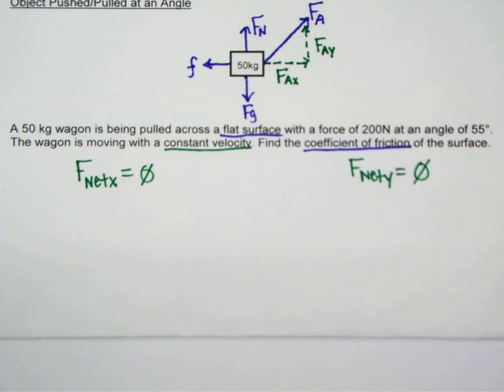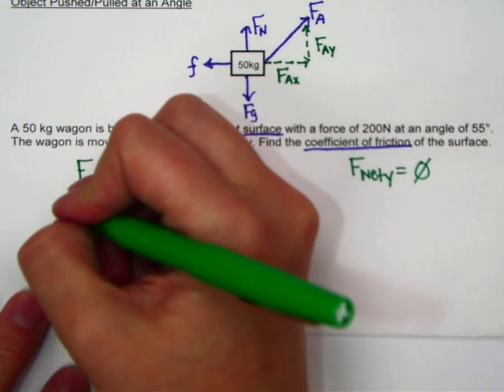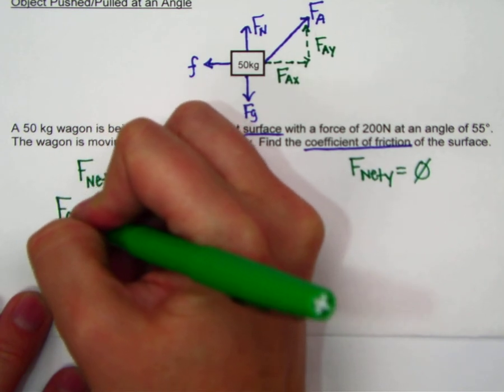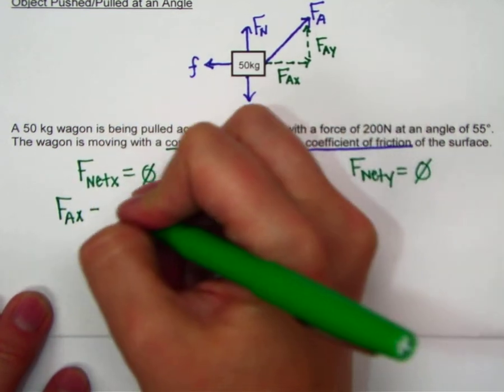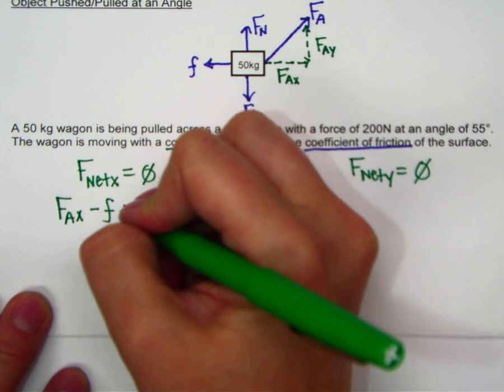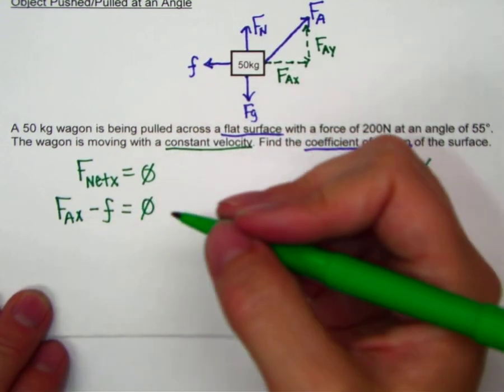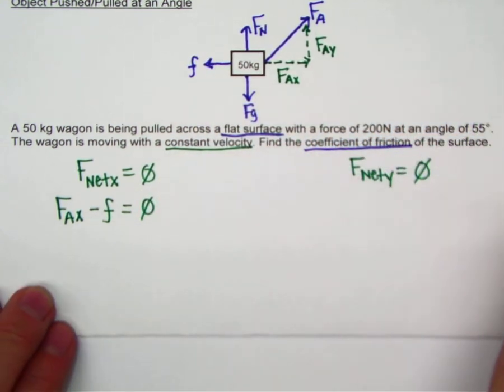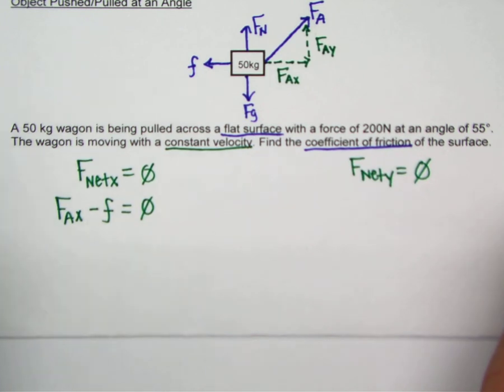Do not put anything that is up and down or at an angle in your x direction. Only things that are horizontal. So I'm going to write mine positive, then negative. You can write it negative F plus FAX. That's fine. It's the same thing. Whichever way you prefer, that's okay.